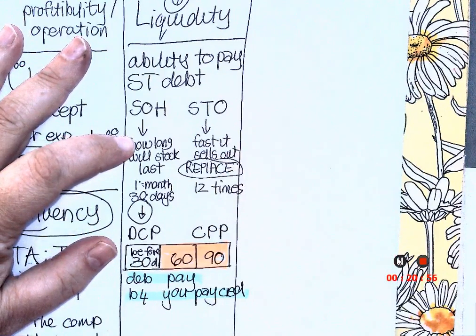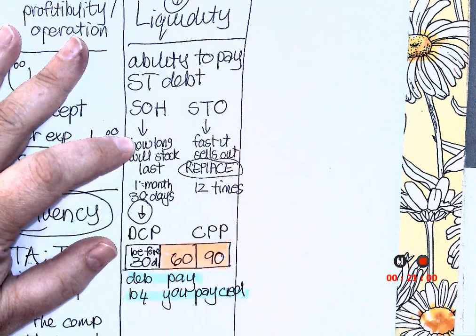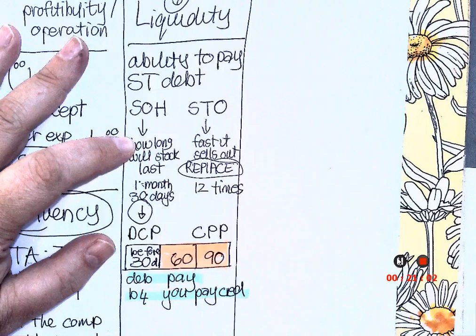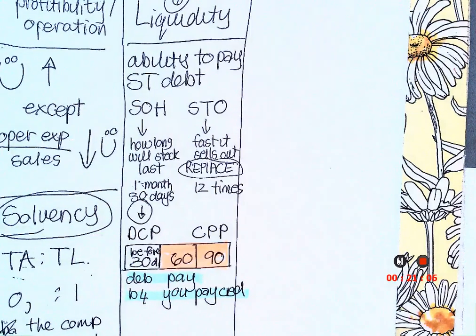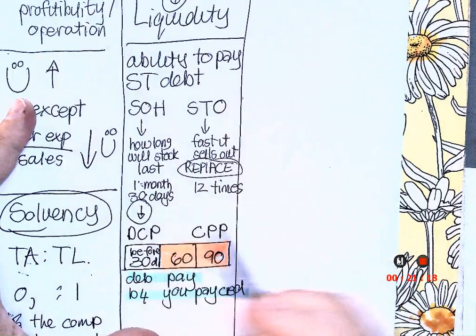If the stock on hand goes up, it's bad for liquidity, because your money is tied up in your stock. Your stock isn't becoming money, and that's a problem. So you always want something to do with stock because it's easy to comment on.